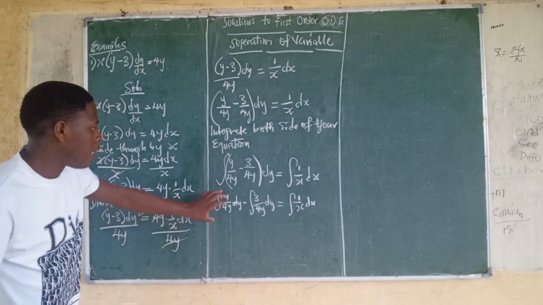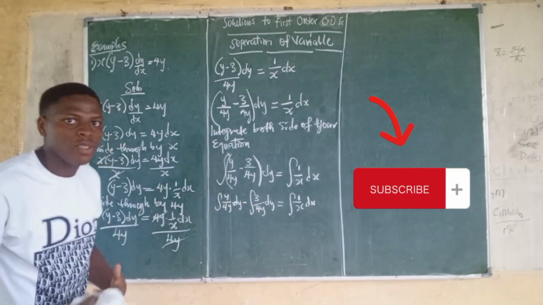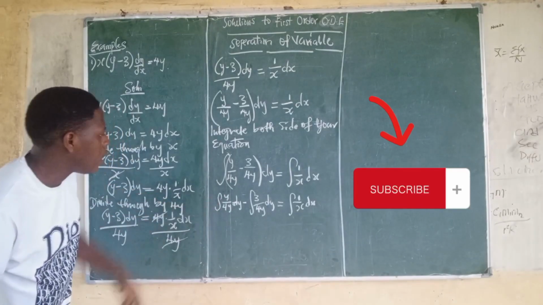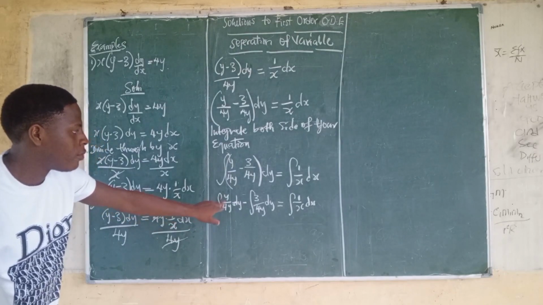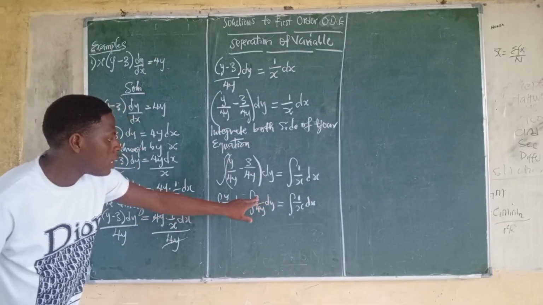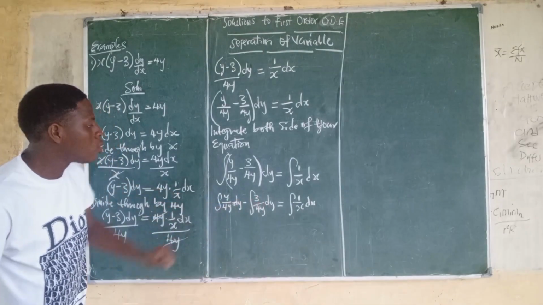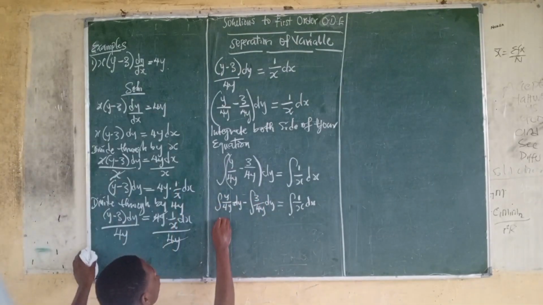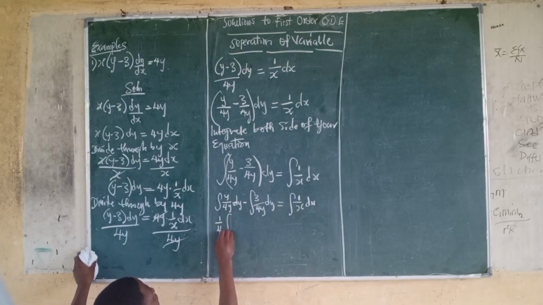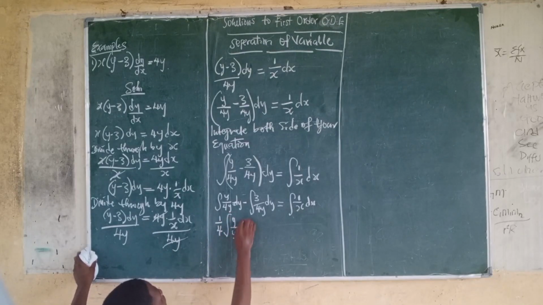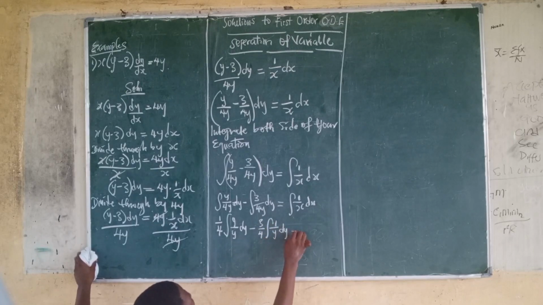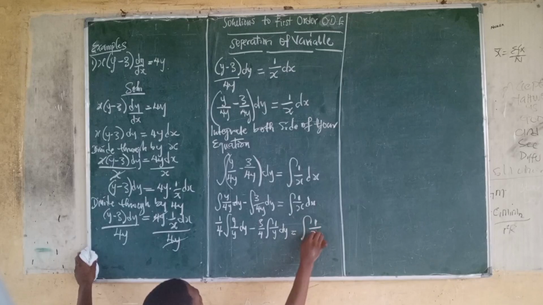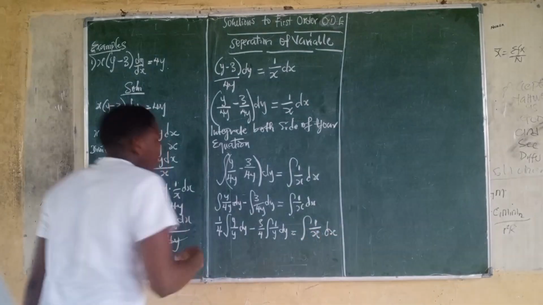I told you previously that when you see an integration like this, look out for the constant. We can still simplify this, because we have a constant of 1/4 inside and a constant of 3/4 here. So we can bring those constants outside and we'll be left with 1/4 integral of y/y dy minus 3/4 integral of 1/y dy, and this is equal to the integral of 1/x dx.